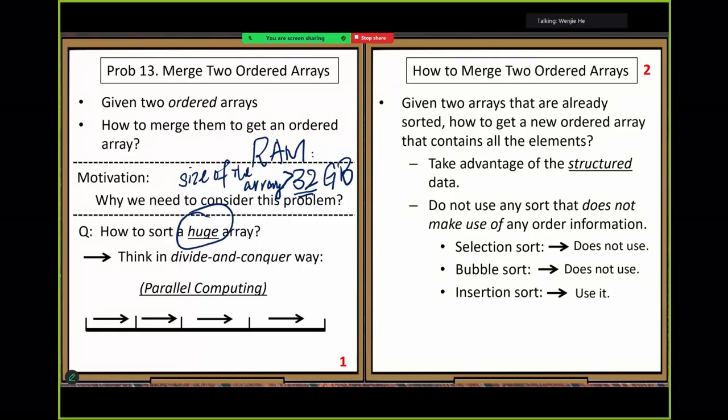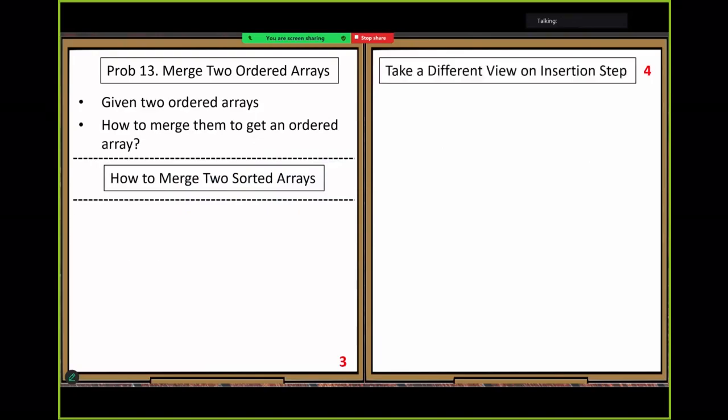Okay? All right. So next, let's try to understand the insertion step and see how we can make it connected to our merge step. We want to connect the insertion step and the merge step. What's the difference? Here, let's compare the insertion step and the merge step.